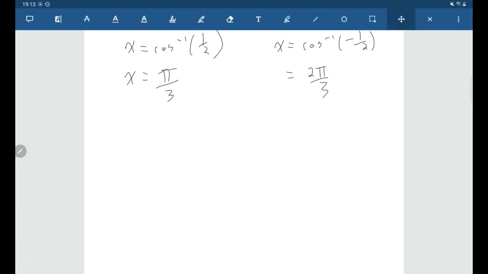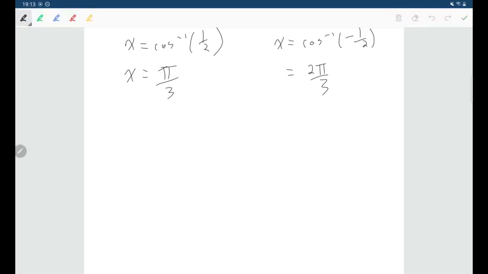Now remember, we're looking for all of the solutions, and so remember what we need to do is, number one, start by finding all of the solutions within one full revolution, then add on multiples of 2 pi to all of our solutions. So there's two solutions that we found, one of them for where cosine is positive a half and one where it's negative a half.